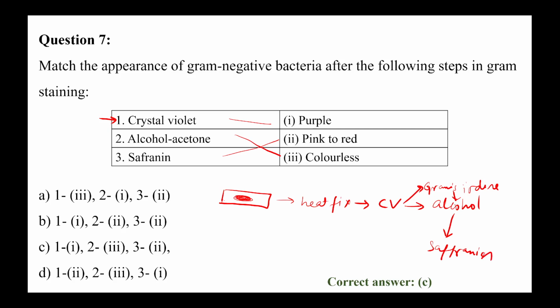So if the cells lose crystal violet, they will get stained by safranin and appear pink. If the cells do not lose crystal violet, they will still be violet or purple in color, and therefore they will not be able to take up safranin, and it will not be pink, it will be purple only.